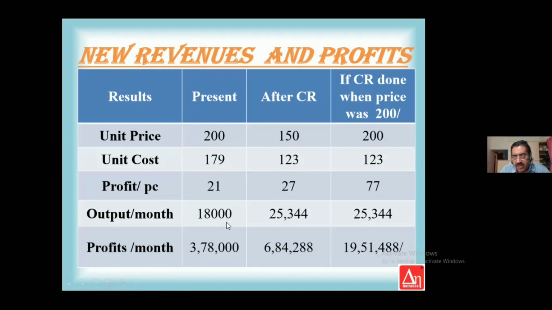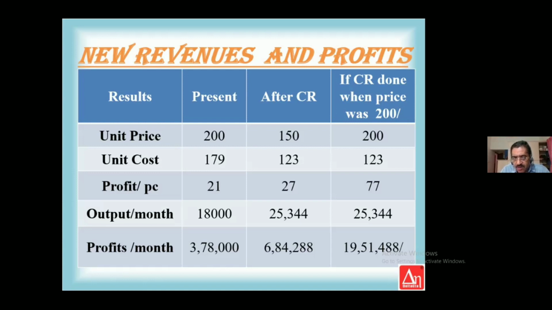Output per month was 18,000. We are able to achieve an output of 25,344 because we improved the number of working days, and we also got more rounds for the 16-hour working time. And by reducing the time of each round from 120 minutes to 108 minutes, we are able to get 10% more output.